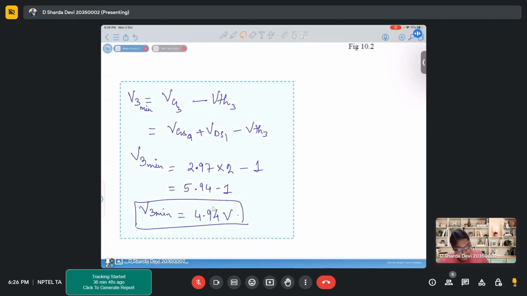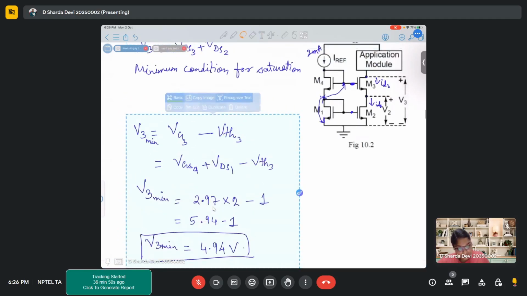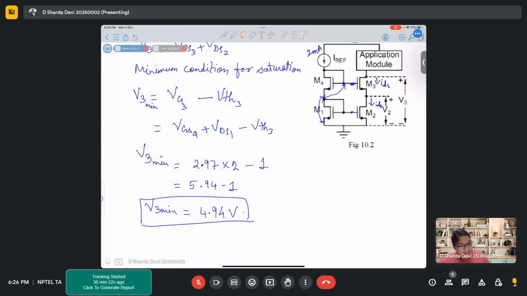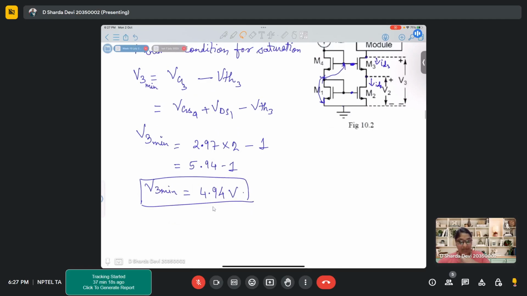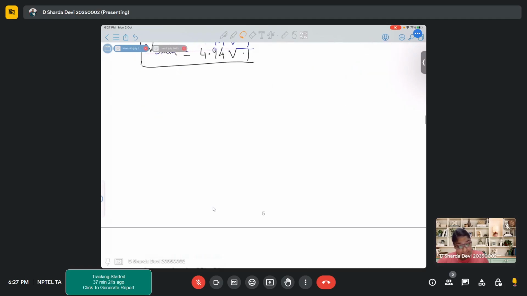So here V3 you can find by VG3 minus VTH3, where VG3 can be written as VGS4 plus VDS1. And since VGS4 and VDS1 are equal, we will simply write down their values, and we'll get the minimum value for V3.